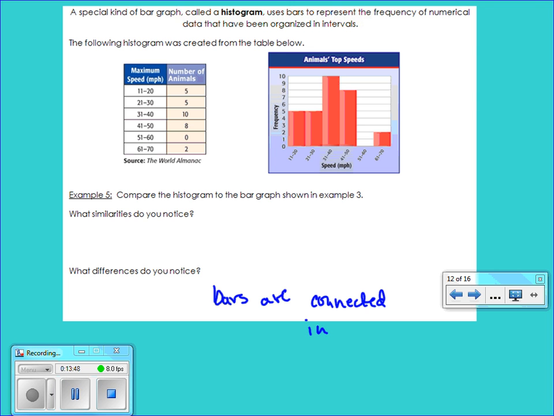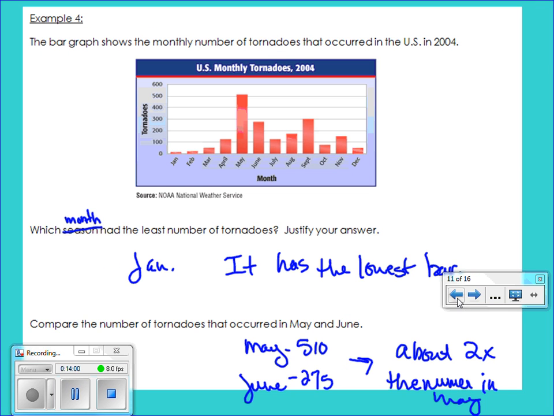In histograms, that's a difference. Okay? What other things do we notice about bar graphs and histograms? Is there anything else that's different or the same?